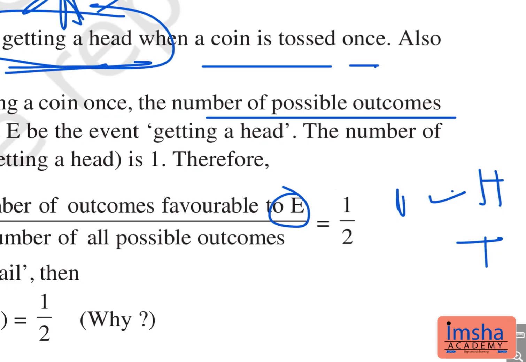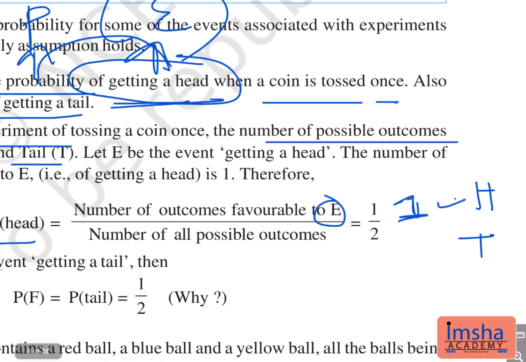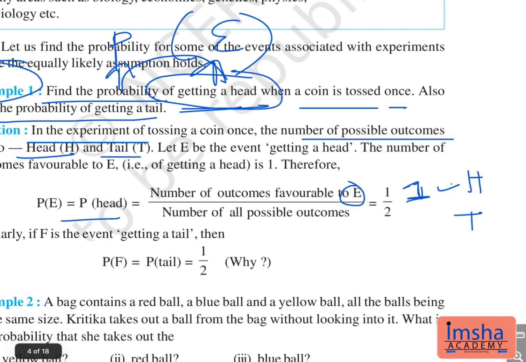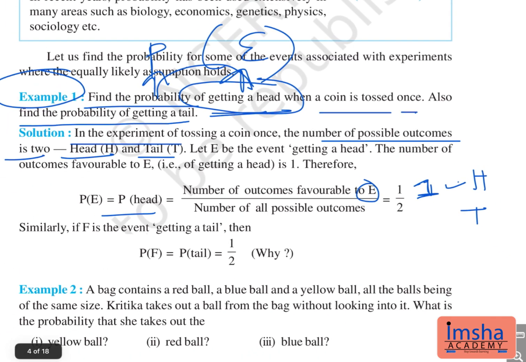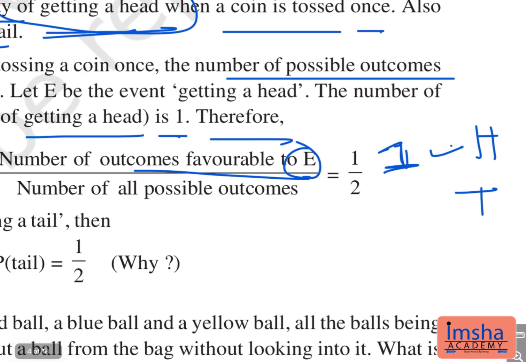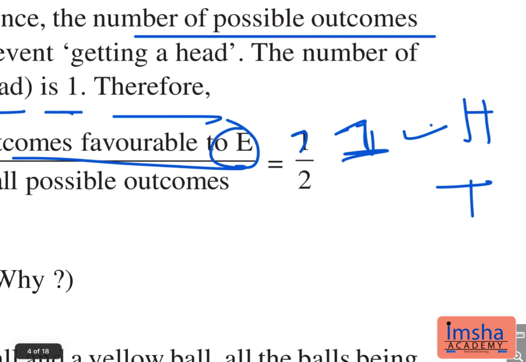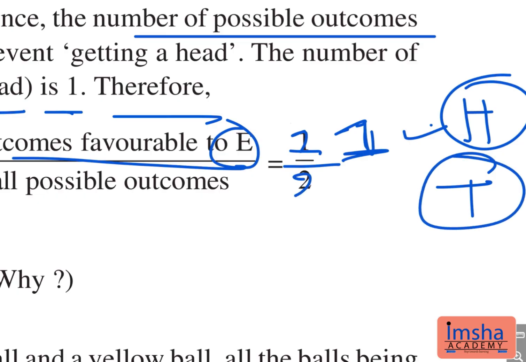Once we toss a coin, one time we get head. So the number of outcomes favorable to event E, getting a head, is 1. Therefore P of E, that is P of head, is 1 divided by the total number of outcomes, which is 2, because head and tail.